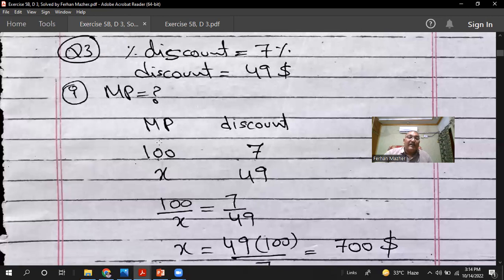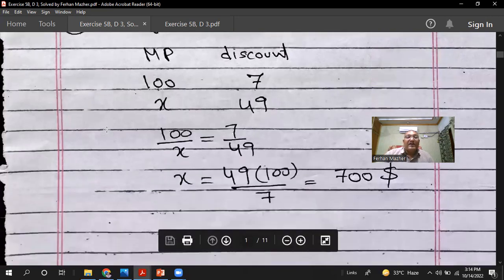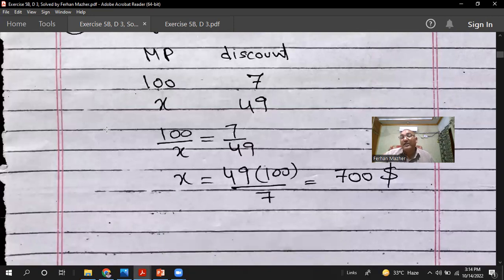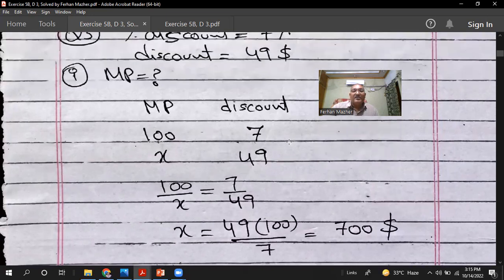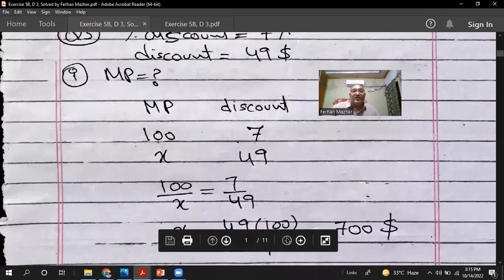I have written here X. So we will write 100 by X equals 7 by 49. Cross multiply, make X alone. X will be equal to 49 multiply 100 divided by 7. Do it in the calculator, you will get 700. So this is how this is done.